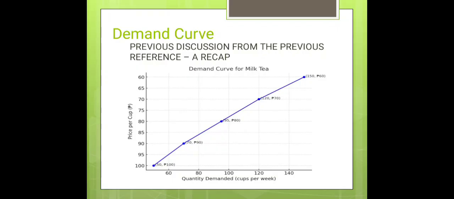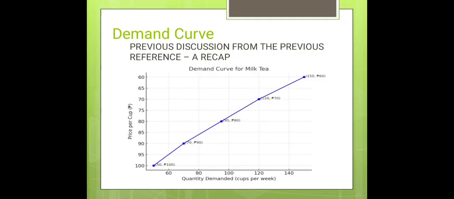Ayan, sa may pricing per cup. So sa pricing or yung tinatawag natin na y-axis, yung sa previous natin na reference is nag-start tayo sa pinakamalaking number, right? Then pa-decrease siya ng pa-decrease. Sa quantity demand naman is from the smallest number to the highest number.